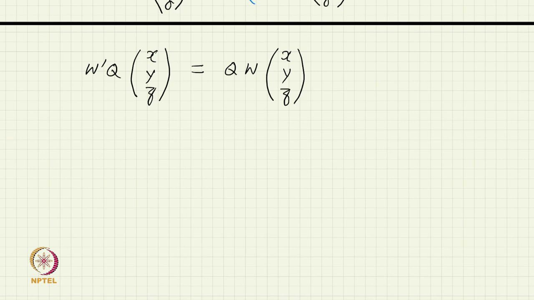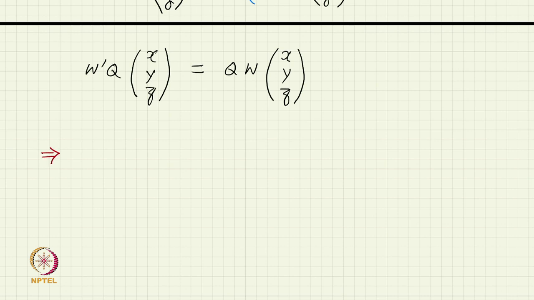So, they are different matrices, at least on the face of it, but if two matrices give you the same product with all the vectors, this is only possible if the two are actually identical matrices, otherwise it will not be possible.